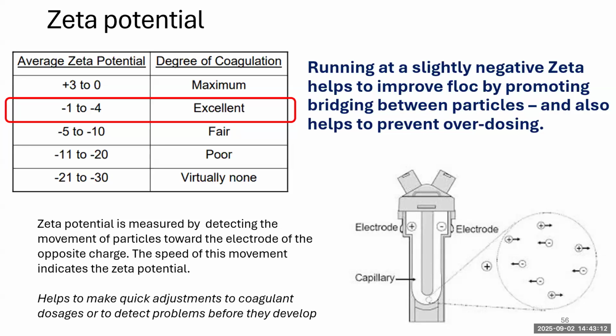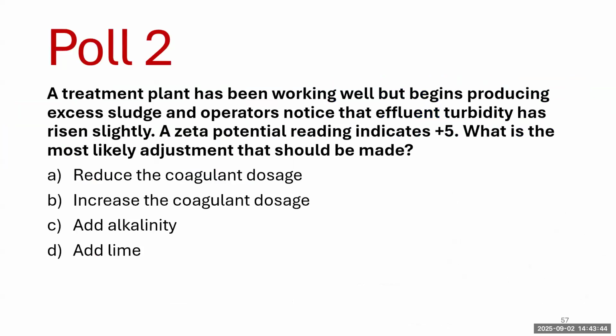You're getting great turbidity removal, but something changes in the source water, and the zeta potential changes as well, because you're dosing the chemical at a certain rate and there's a different amount of turbidity coming in, for example. It would cause that zeta potential to show higher or lower, and then you could adjust that. If it was real high, like a +5, you'd decrease your dose. If it was real negative, you would increase your dose.